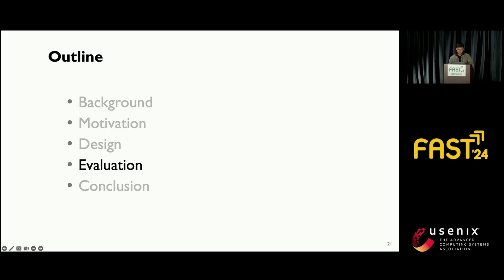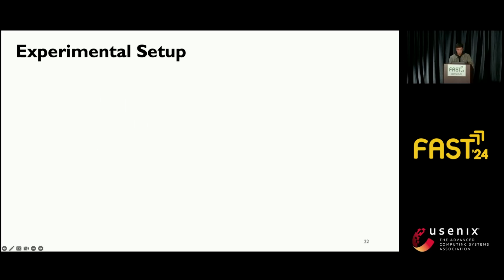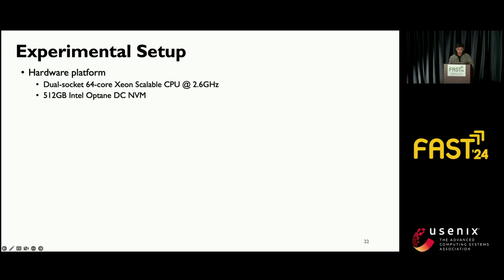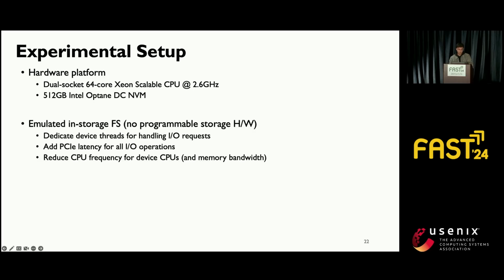Now let's go to the evaluation section. Here's the experimental setup. For hardware, we're using a dual socket, 64-core Xeon CPU, and 512 GB Optane NVM. We emulate our file system due to the programmable storage hardware, and we dedicate a device thread for handling I/O requests. We also add the PCIe latency for all I/O operations.